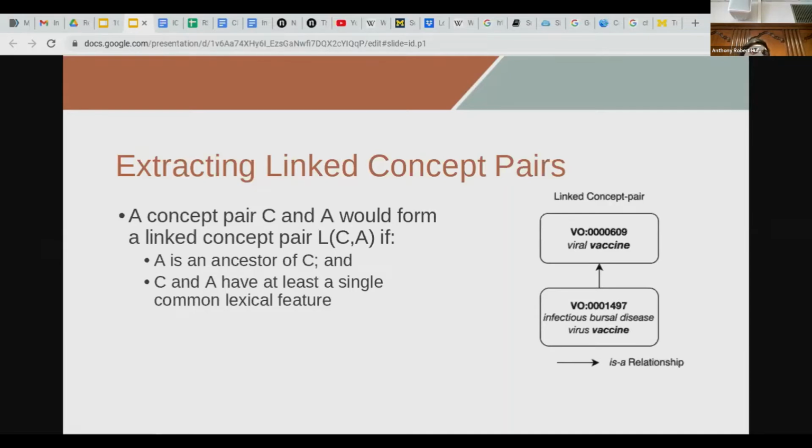We don't assume both directions, because that would create a cyclic dependency. And each of these has to have at least a single common lexical feature, in other words, a single word. So as you can see in this example, viral vaccine and infectious bursal disease virus vaccine have a common word, vaccine. So we would take this as a linked concept pair.